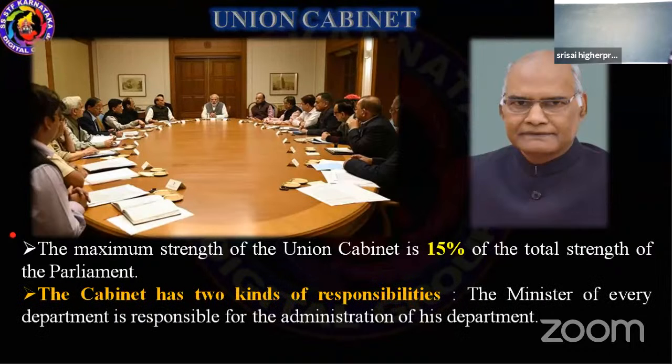The cabinet has two kinds of responsibilities. The minister of every department is responsible for the administration of his department. He should be aware of all his department's activities.